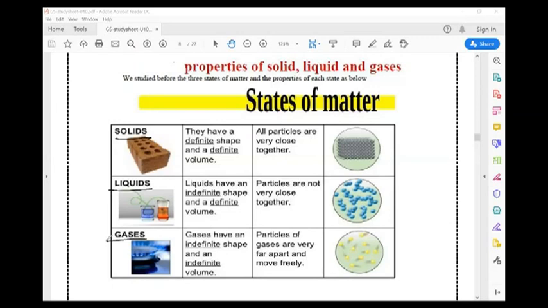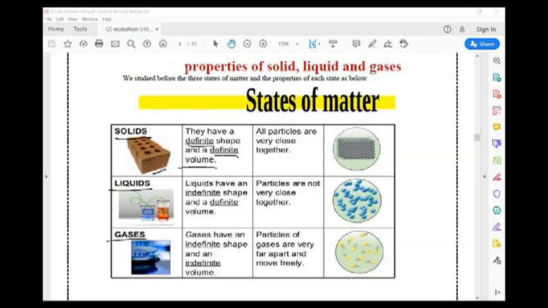Solid materials have definite shape and definite volume. It means their shape doesn't change and their volume doesn't change.